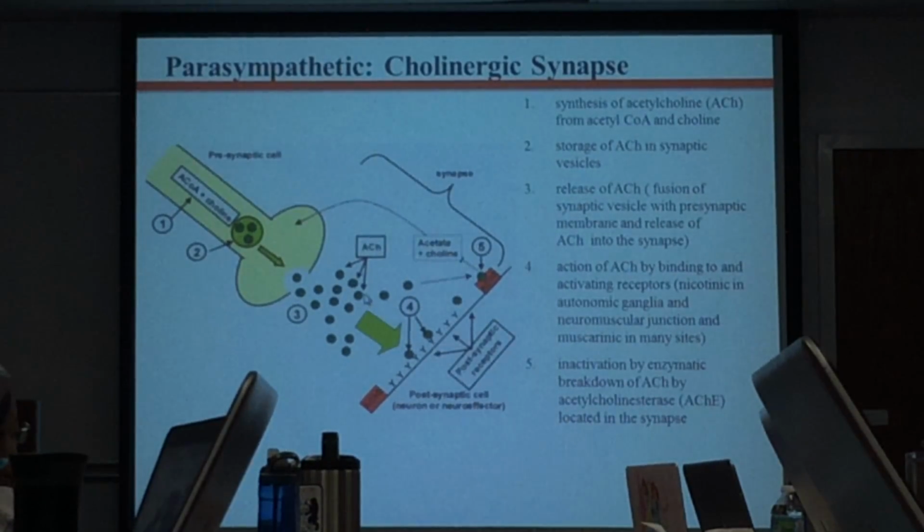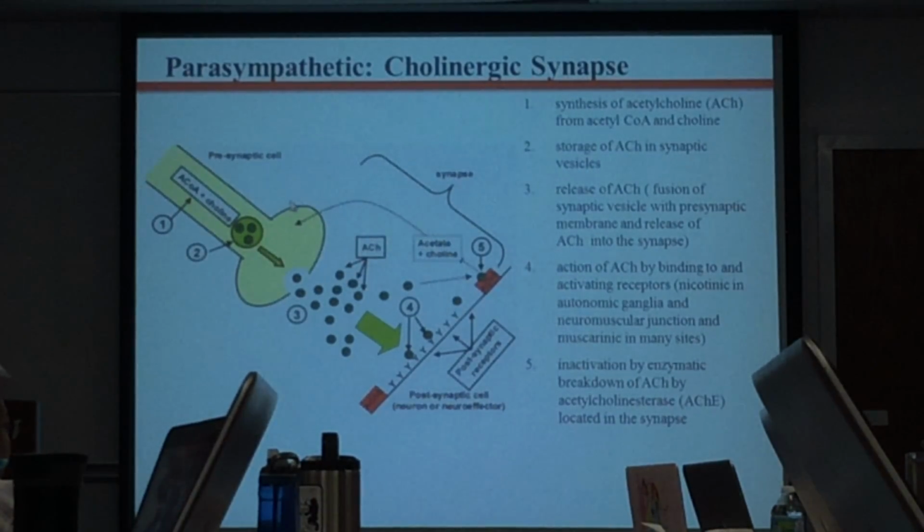That's the mechanism for the muscle movement. Okay, some of the acetylcholine is broken down into acetate and choline, and the choline can be reuptaken back into the nerve terminal for synthesis of acetylcholine again.